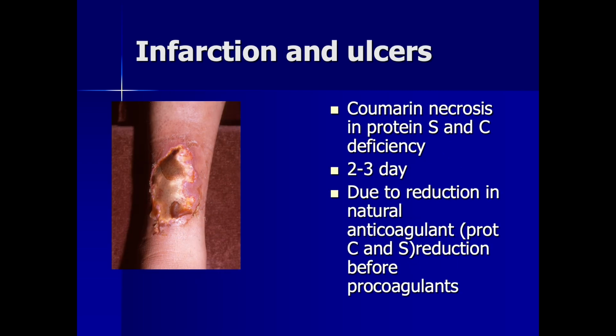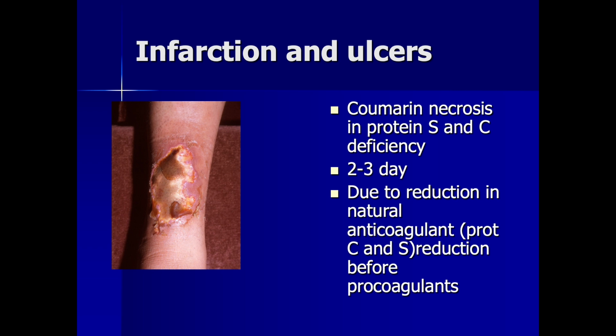We even occasionally see drugs producing skin infarction and ulceration. The picture shows somebody who has protein S deficiency, and she was rapidly anticoagulated with warfarin. Two or 3 days after starting the medication, she developed severe pain and necrosis on the skin over a shin.